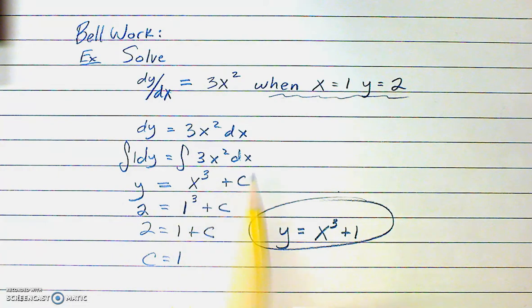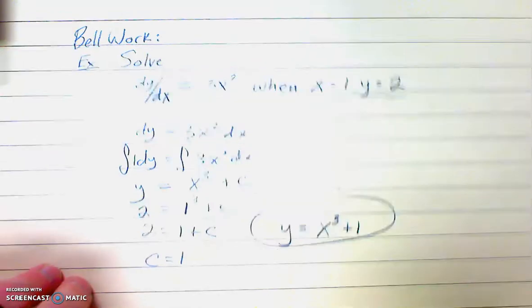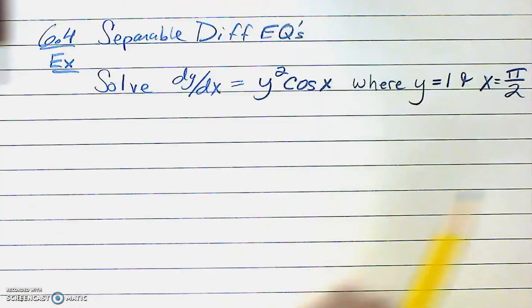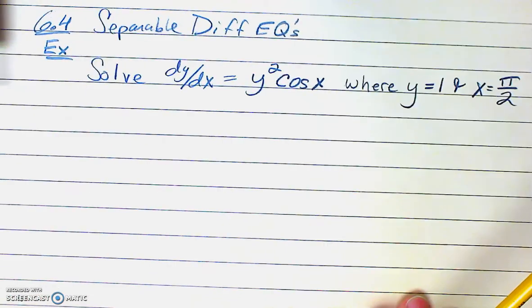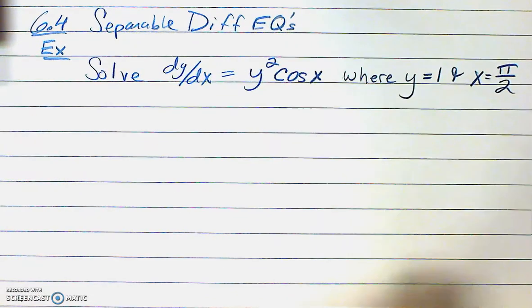On the problems we're about to do, that is going to help you avoid mistakes in your algebra. So, it might be a good time to pause your recording right now and start these notes and write this example.